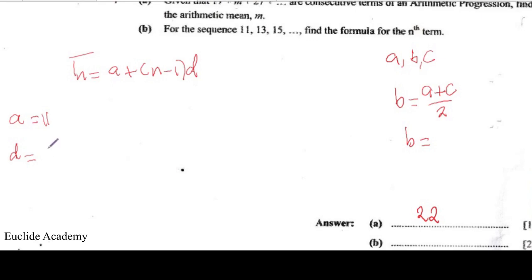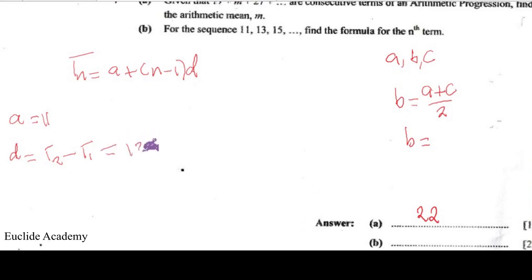In short, we subtract term 1 from term 2, the second term minus the first term, or the third term minus the second term. I think that should be it.